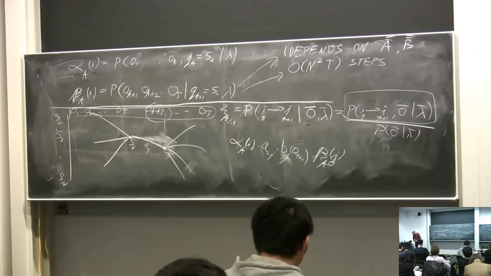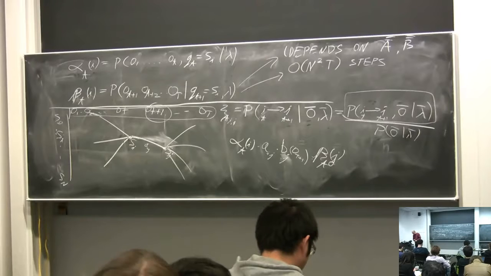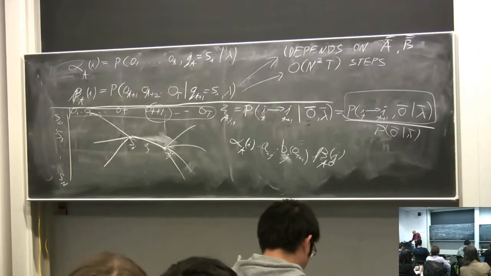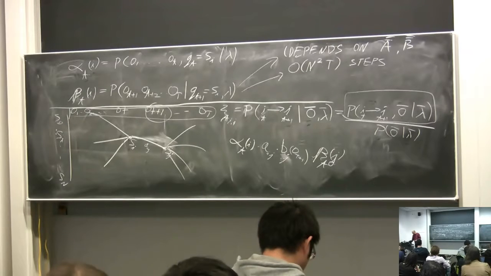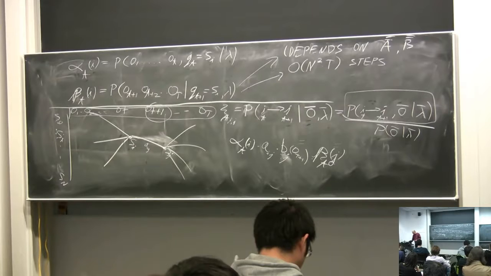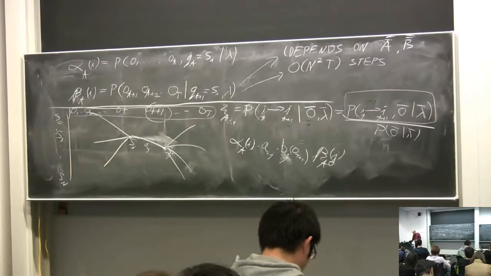Alpha t of i, a i j, b j. This claimed that it should be beta t plus 1 of j. By definition of beta, oh yeah, this is time t.